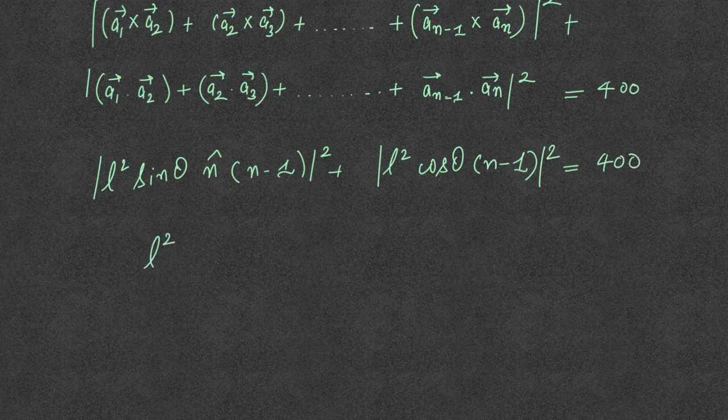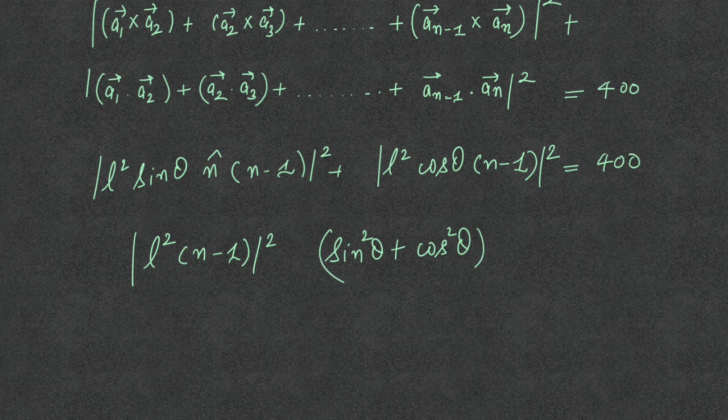Taking common, we get L square into n minus 1 with the modulus whole square, and we get sine theta square plus cos theta square inside the bracket equal to 400. This is equal to 1. So finally we have L square into n minus 1 modulus square equal to 400.